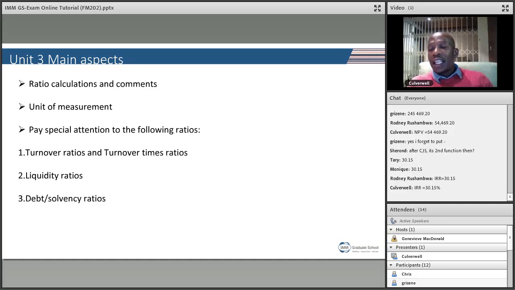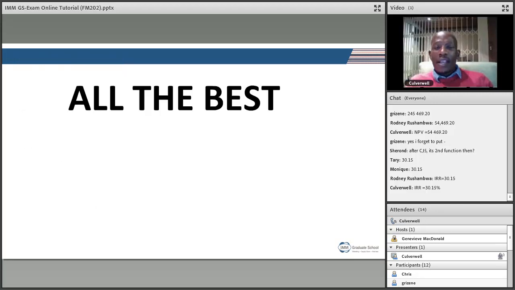That's basically how a ratio would actually increase or decrease. But like I said, it will never earn you any marks if you just say this specific ratio increased or decreased. Why has it decreased or why has it increased? Look at the components that make up the numerator and also the components that make up your denominator.